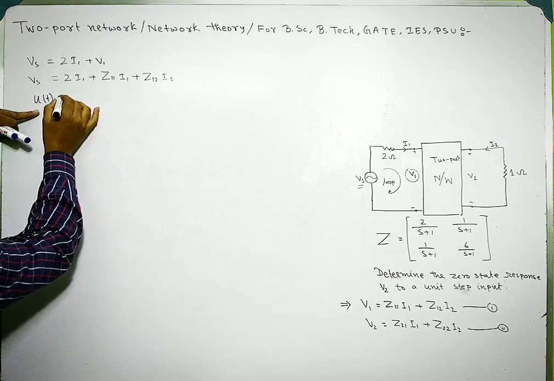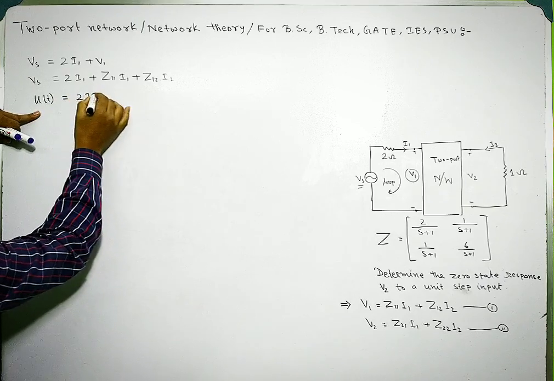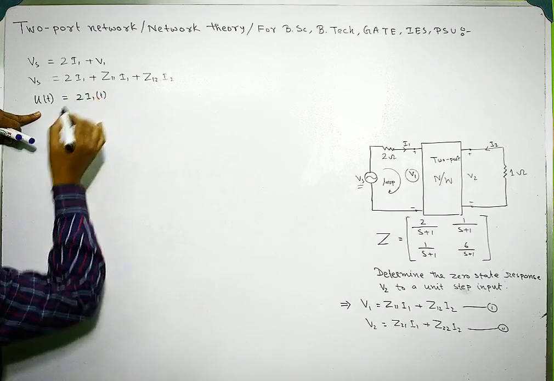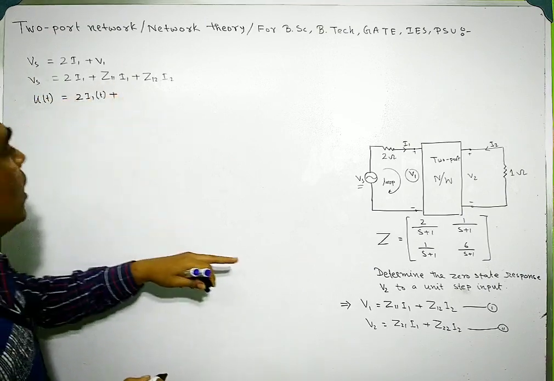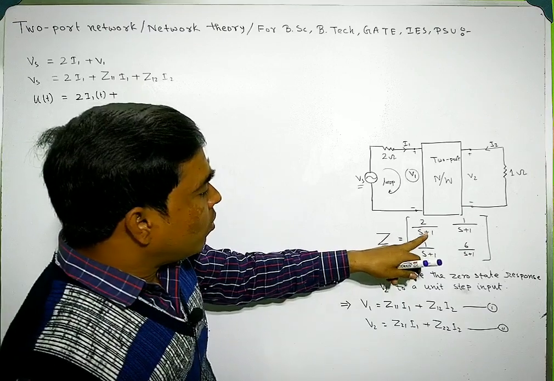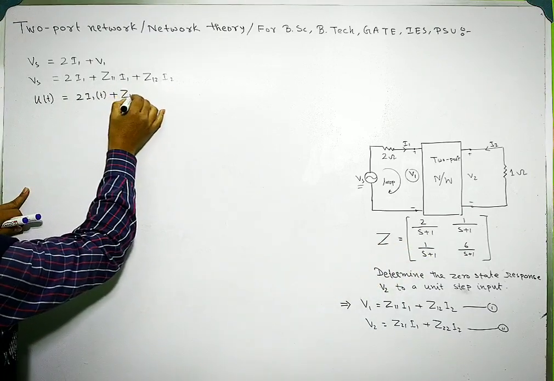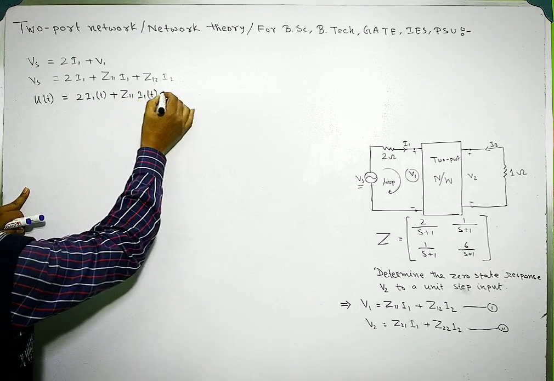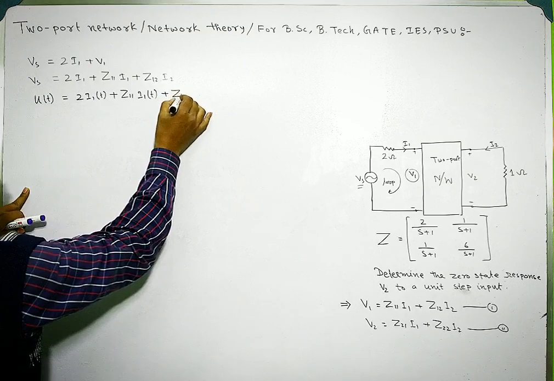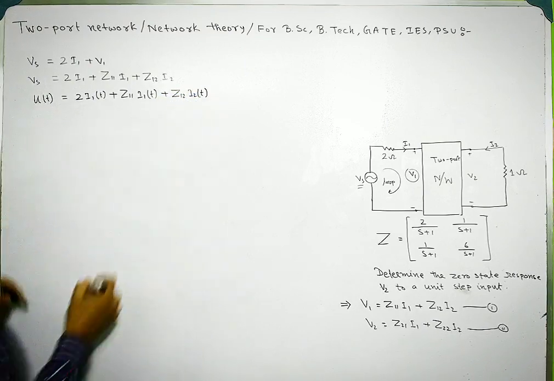So it is u(t) equals 2 I1(t) plus Z11 into I1 as a function of t, plus Z12 I2 as a function of t.